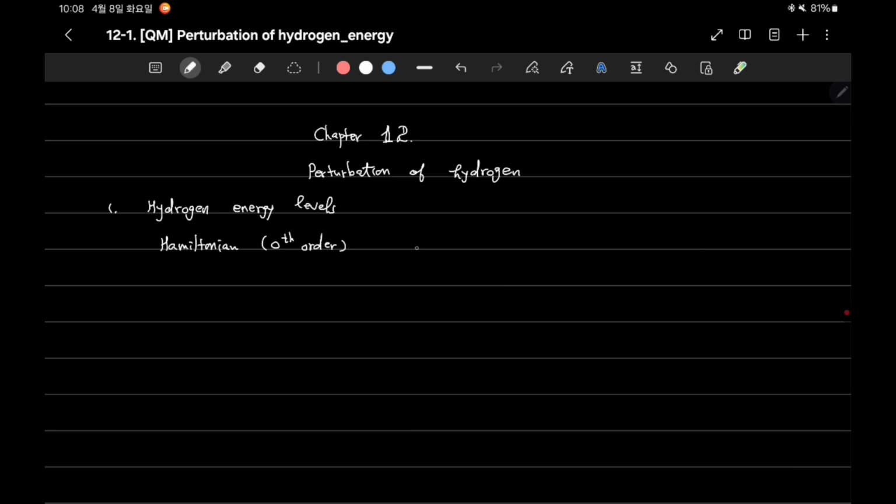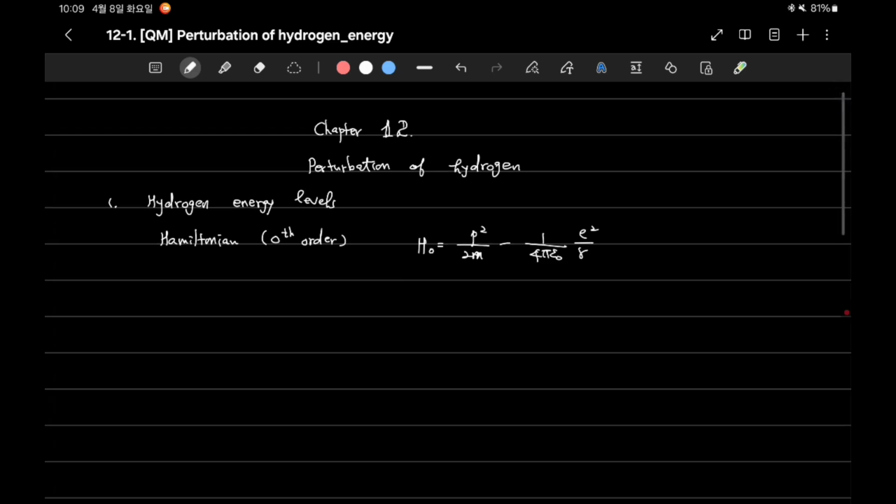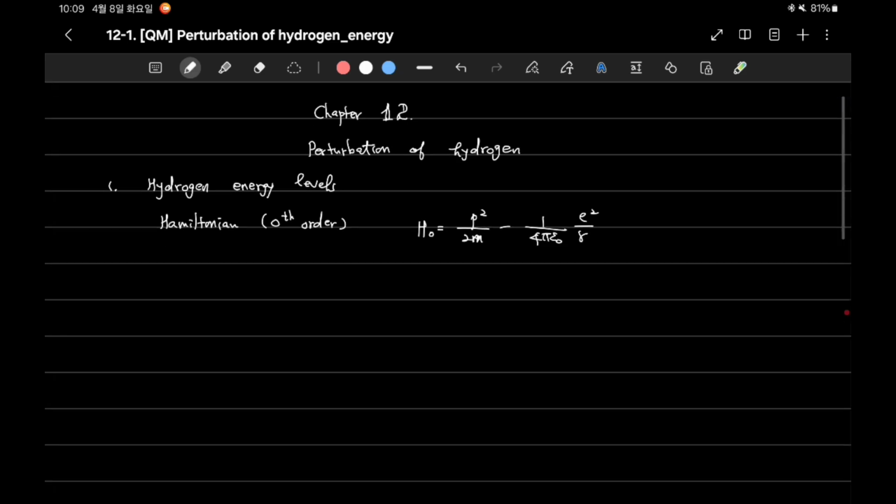it means the unperturbed Hamiltonian is the kinetic energy minus the potential energy, in MKS units. The quantum mechanical energy eigenvalue problem can be applied here: the nlm Hamiltonian is applied to the nlm state, and the energy eigenvalue is the unperturbed energy of the nlm state.